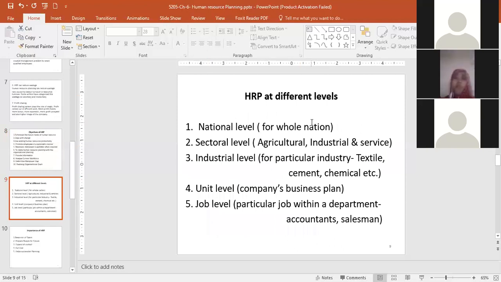Now today's last subtopic is human resource planning at different levels. Here we can see the human resource levels: national level, sectoral level, industrial level, unit level, and job level.